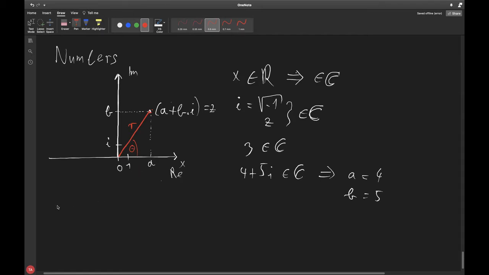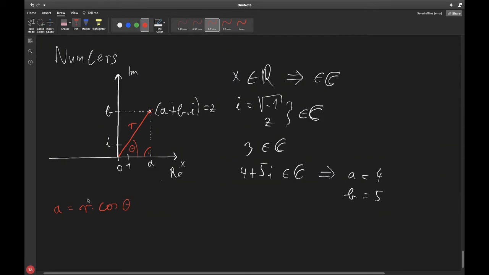So from our trigonometrical, geometrical knowledge, we know that a is going to be r. This is a triangle, right? This is a perpendicular point here. This is r times cosine of the angle, which I called theta here.